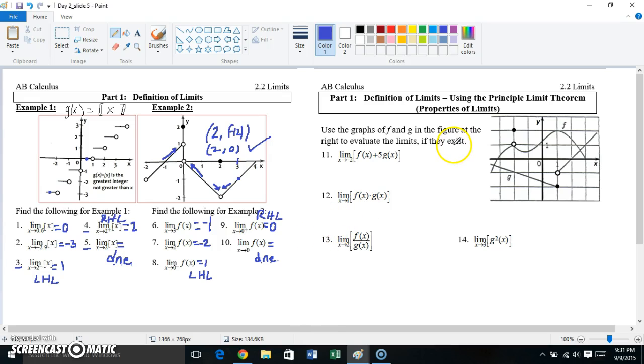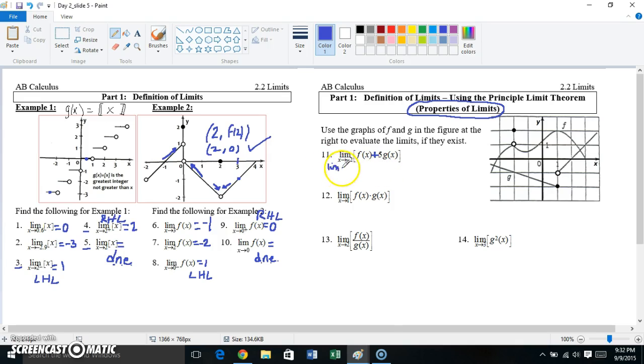All right, these next 4 questions are asking us to use the properties of limits, so apply these ideas to these limit questions. So in this first question, we have the limit of a sum. Remember, the limit of a sum is the sum of the limits.